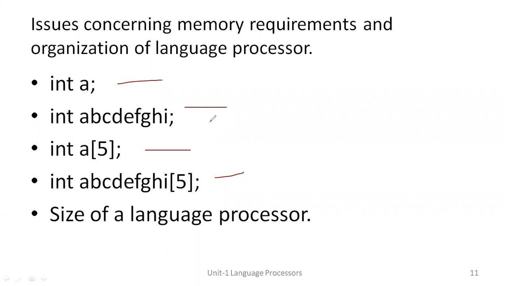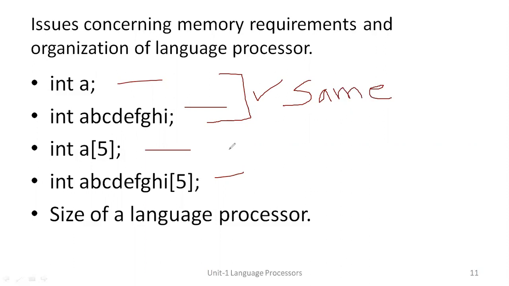Tell me how much memory is required for int A, and how much memory is required for int ABCDEFGHI. Similarly for int A[5] and int ABCDEFGHI[5]. You can write it somewhere: is the memory required for int A and int ABCDEFGHI the same or different? It is the same. Why?